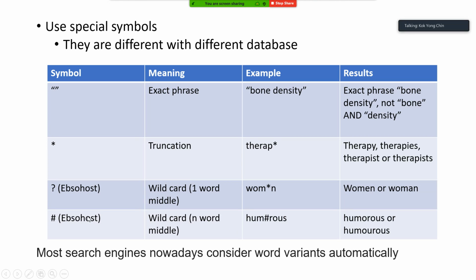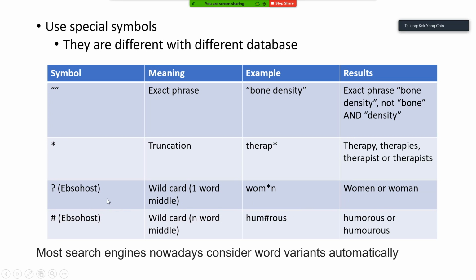You can put a hashtag. So it gets you a variant of the word, okay, English or British variant. But these two I usually don't use, okay, because mostly the search engine is just clever enough to include these two variants.